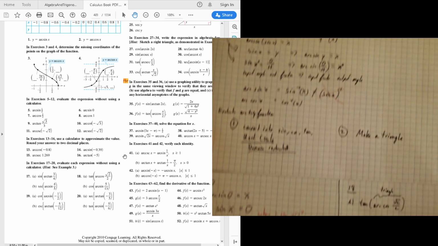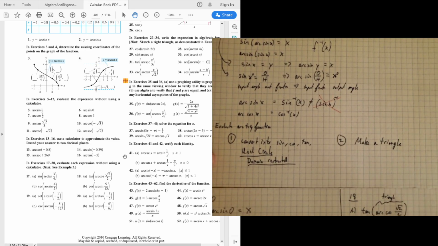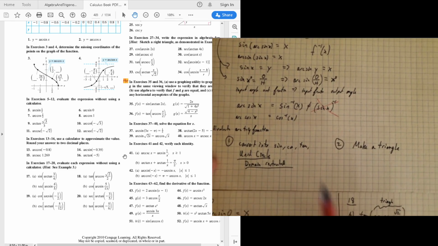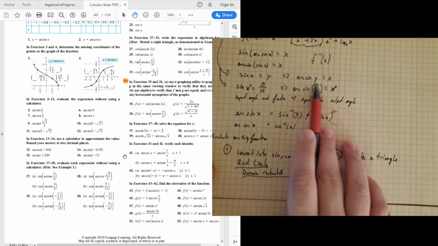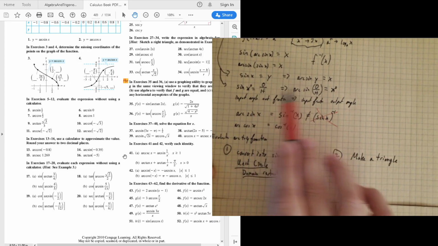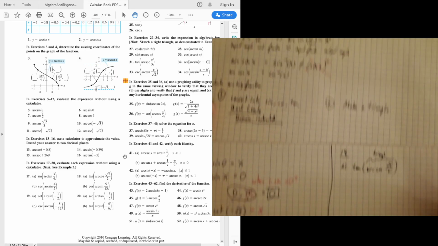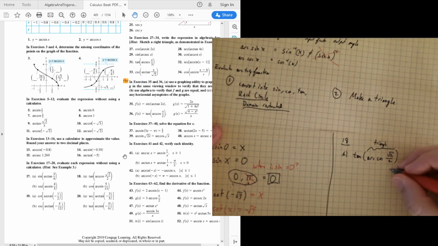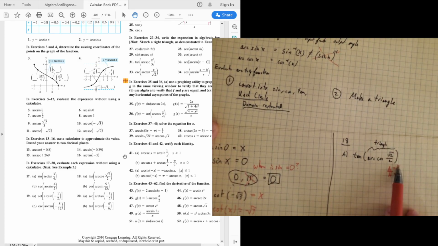Well, remember, you can always rewrite arc cosine in terms of opposites, adjacents, and hypotenuses, just like you can do it with sines and cosines. So what this means is I have a triangle whose adjacent is equal to the square root of 2 and whose hypotenuse is equal to 2. Because I have arc cosine of square root 2 over 2, and arc cosine uses adjacent and hypotenuse.